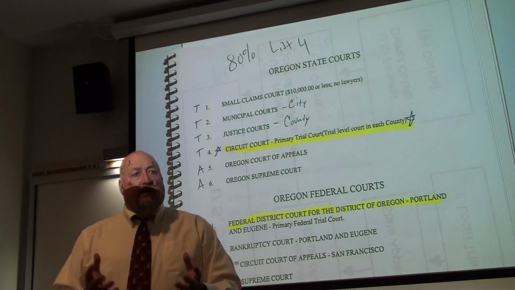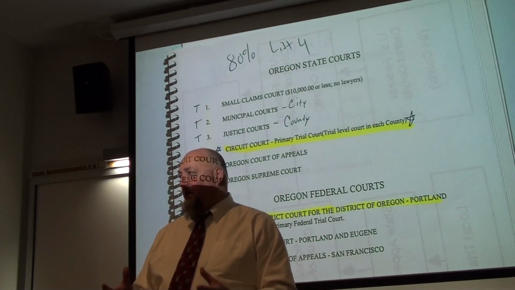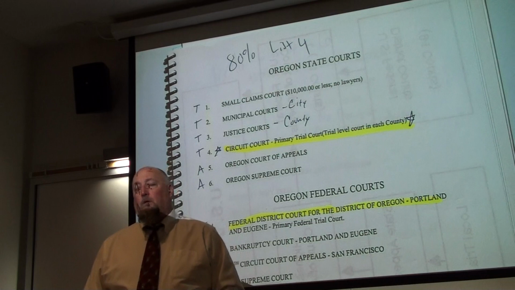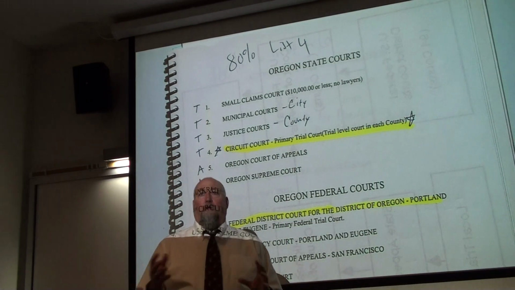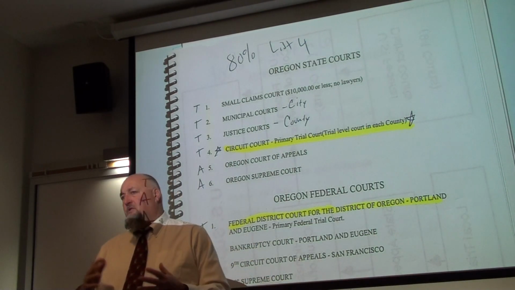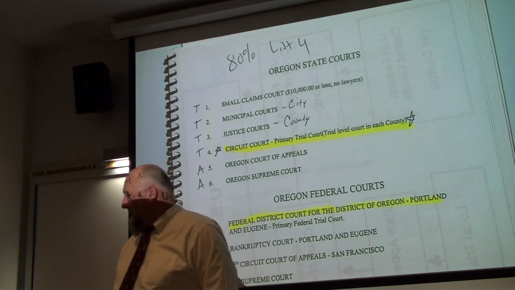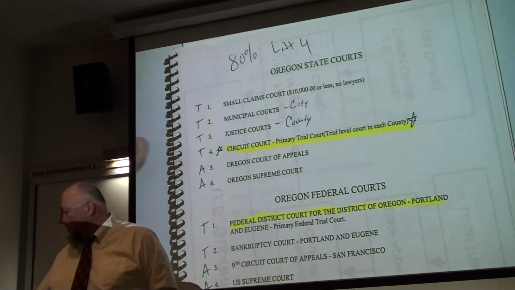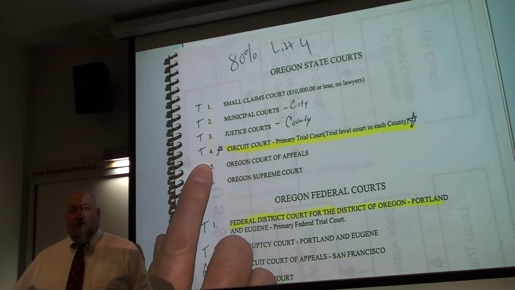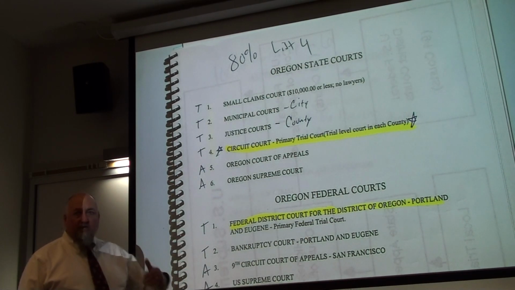The circuit court has jurisdiction over all of those types of cases. And so it is the primary court in Oregon. We used to have 2, a district court and a circuit court, and they combined them back in the 90s. And so now we just have a circuit court. So it is the primary trial court. And again, each county has one.